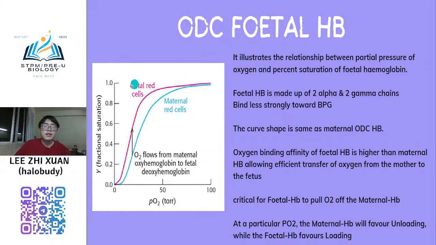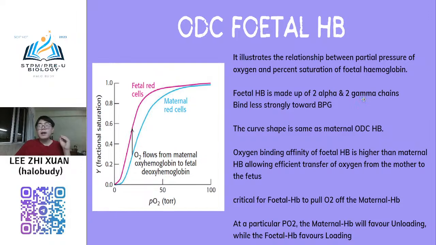So this one, fetal hemoglobin, although it is one type of hemoglobin, the structure is slightly different. Fetal hemoglobin also contains 4 polypeptide chains, but it contains 2 alpha and 2 gamma.